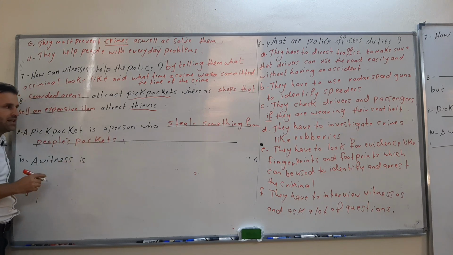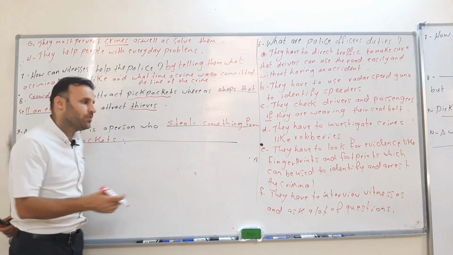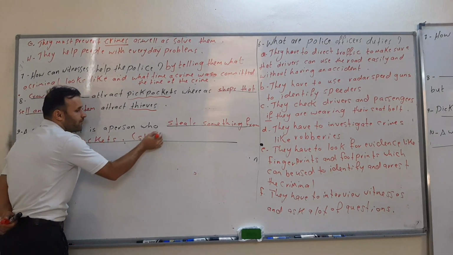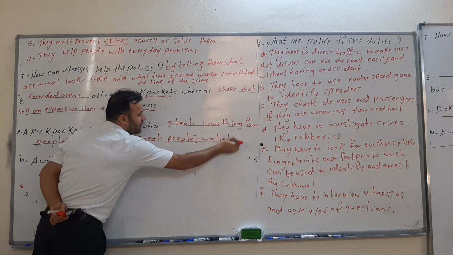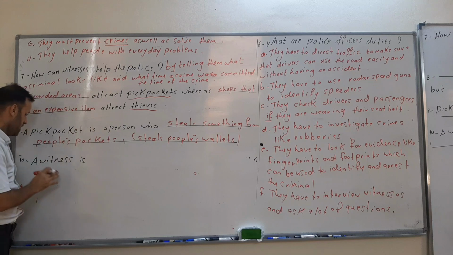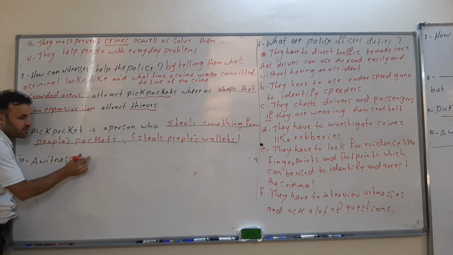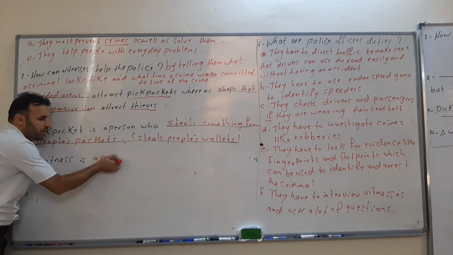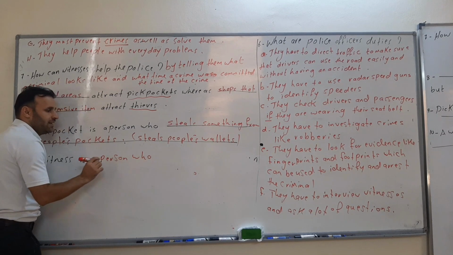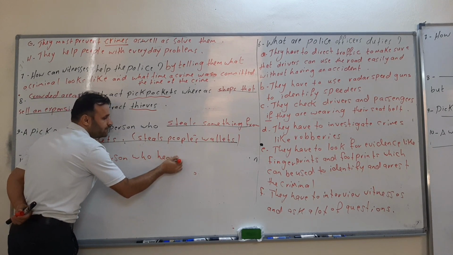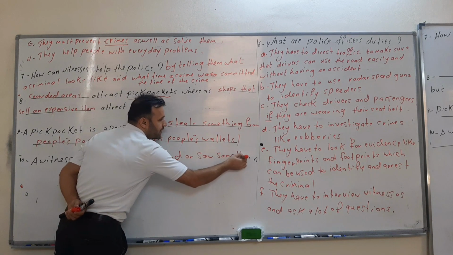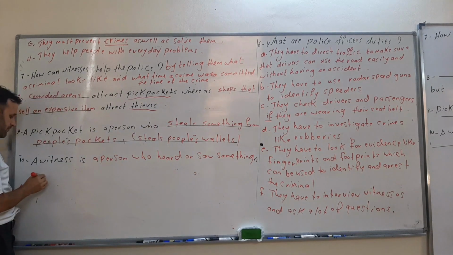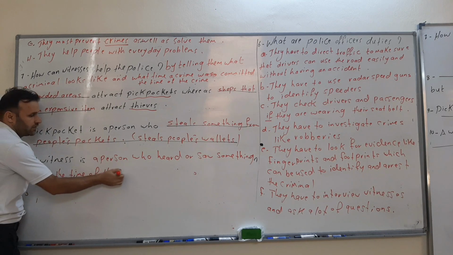Or we can say is someone who steals people's wallets. Both of them are correct. One last thing, a witness is someone or a person who heard or saw something at the time of the crime.